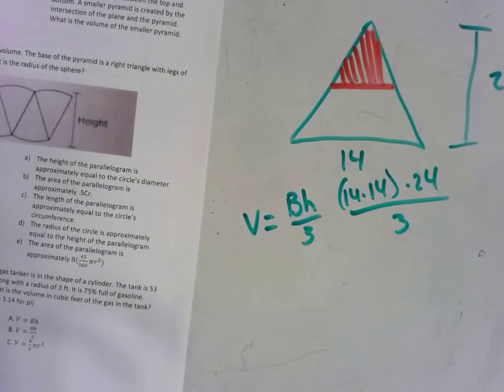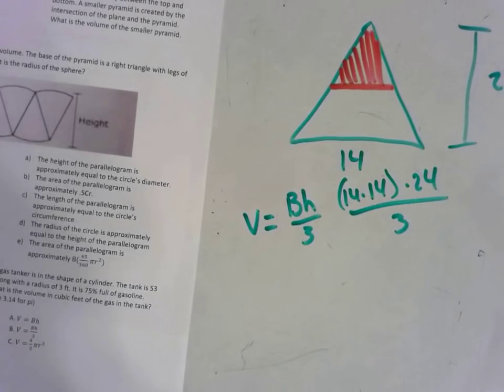And I forgot a calculator in here. So I'm going to have to pull up the calculator on the computer. And it tells me 14 times 14, 196, times 24, divided by 3 is equal to 1568.